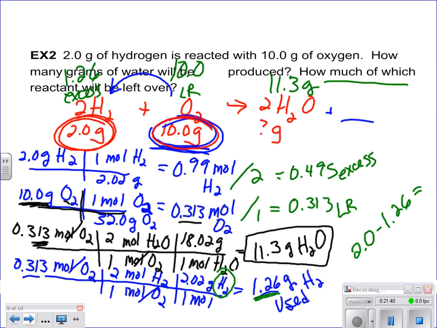Instead of saying 0.74, maybe we just say 0.7 grams of hydrogen is in excess, because our sig fig rules tell us that you round to the least number of digits past your decimal when you subtract like that. So that's how we can clear that one up. So that is the second part of our problem.